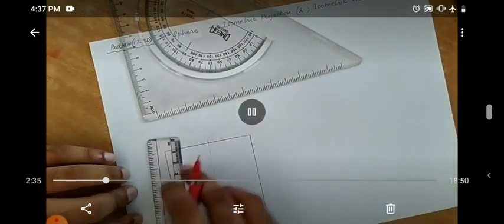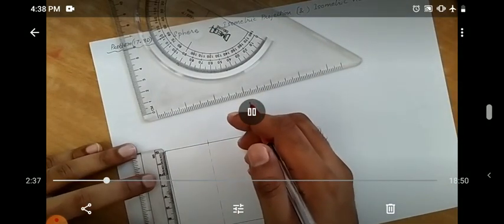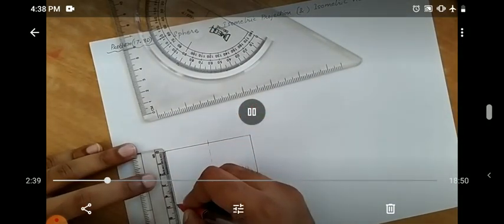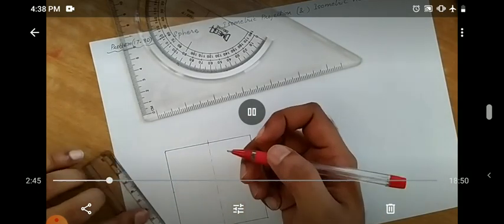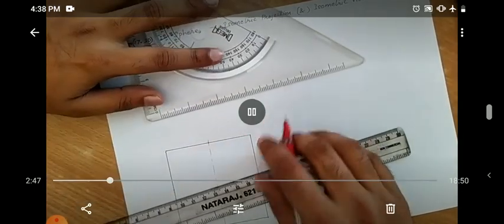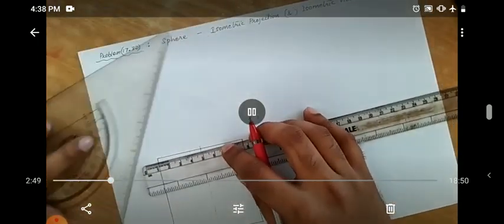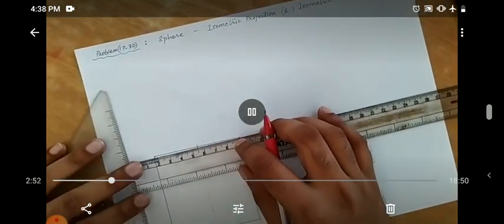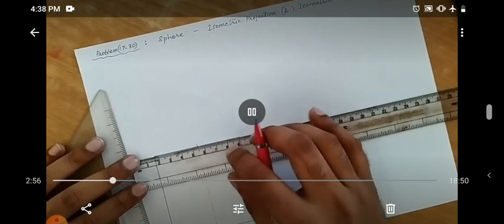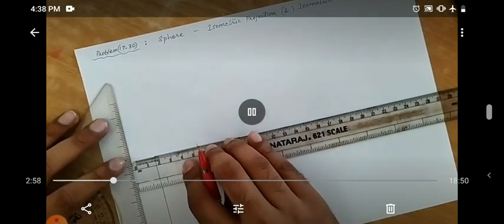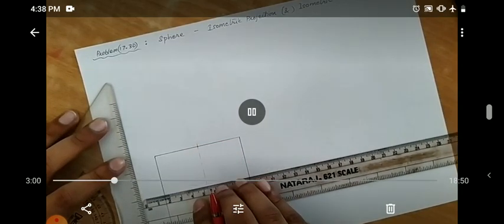So I have drawn the square now, square plate, the top view of the square plate. I am taking the midpoint of the square plate as the sphere is kept centrally over the square lamina or area. The midpoint axis is being drawn parallel to that particular edge.